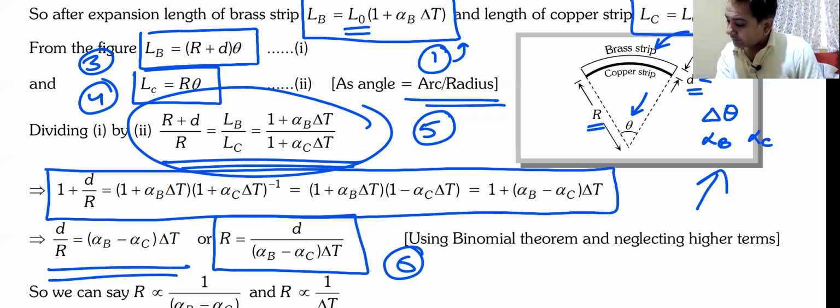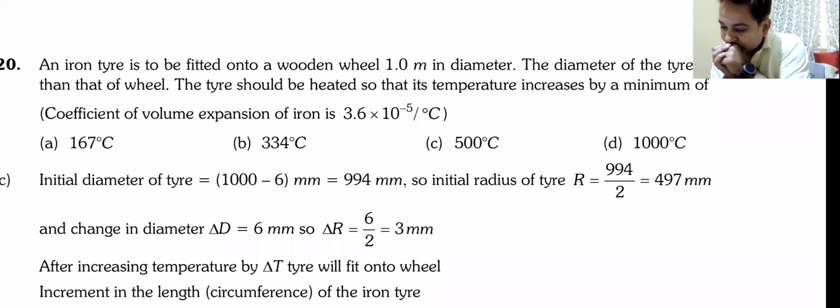Let us solve one or two more questions, and the next question is this. An iron tire is to be fitted on a wooden wheel 1 meter in diameter. Just tell me how it is to be done. The diameter of the tire is 6 mm smaller than that of the wheel.